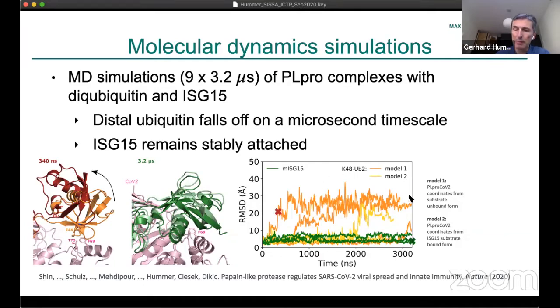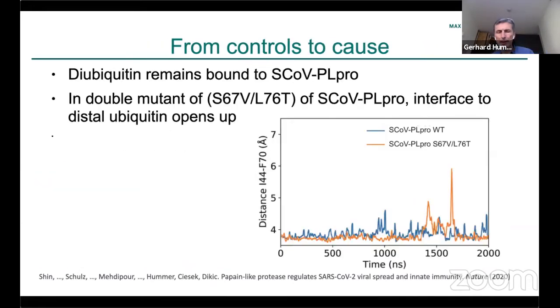This is indicated by the orange and yellow hues. By contrast, ISG15 remains stably bound to the protease, indicating, yes, indeed, it is a good substrate of this protein, whereas diubiquitin is a weak substrate and has a much reduced binding affinity, consistent, at least at this level, with the experimental observation of a shift in KD and a reduced catalytic activity for ubiquitin.